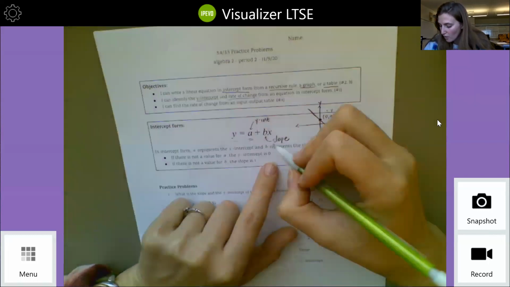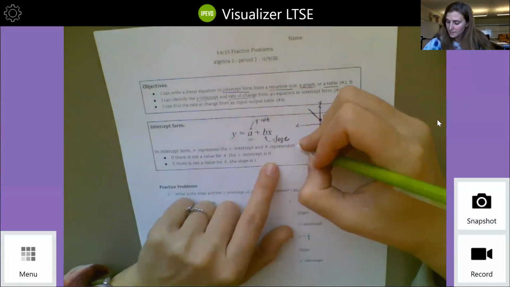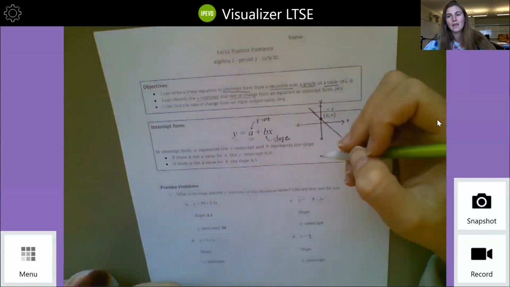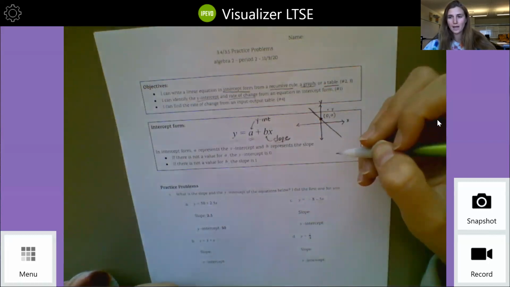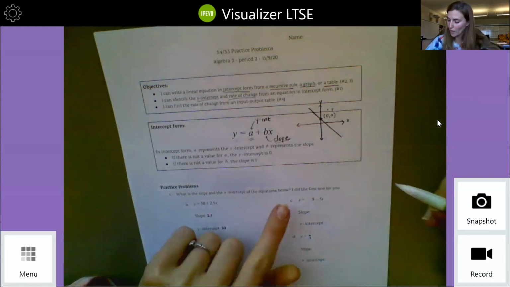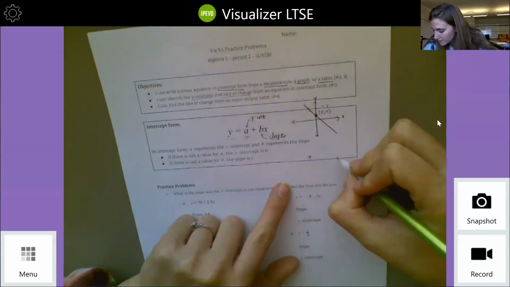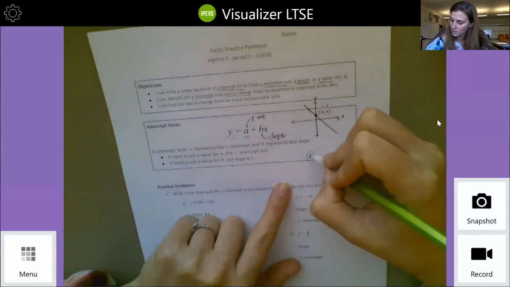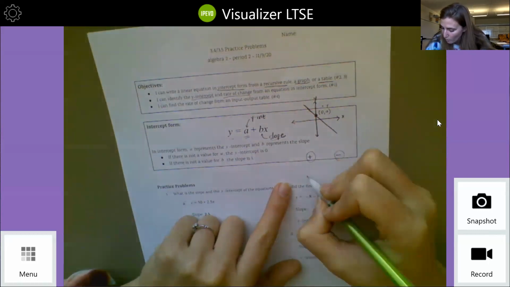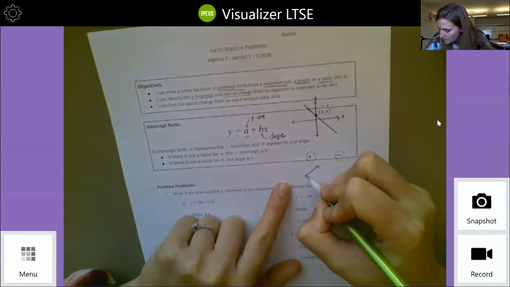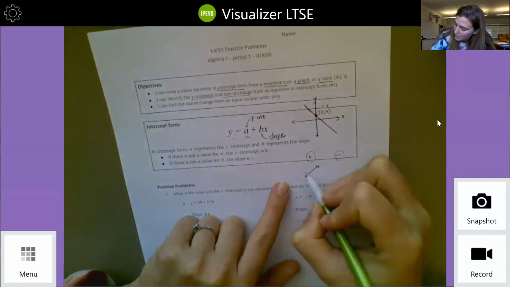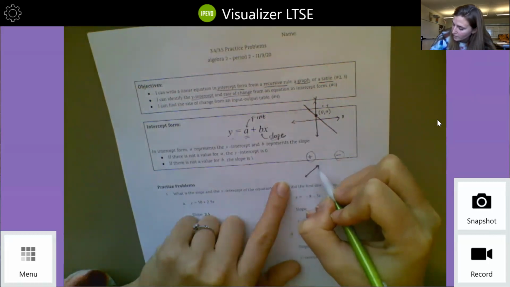Okay, and then our slope. Slope tells us the steepness and the direction of our line. So the direction of the line, I'm talking about whether the slope is positive or negative. A positive slope is going to look like this. When we're going left to right, the line is going upward.